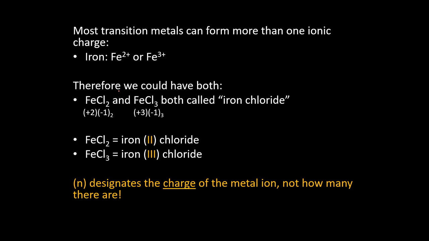That's not always going to be the case, though, because of the transition metals, if you remember our discussion of working out charges using the periodic table. Transition metals don't have a nice, easy way of determining what charge they can have. And not only that, many of the transition metals, not all of them, but many of them, can have multiple charges.